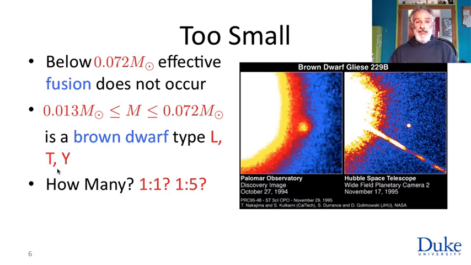People started extrapolating those surveys to imagine how many brown dwarfs there were in the Milky Way, and the going rate about a decade ago was that there was one brown dwarf for each main sequence star. So at that point, the estimate of the number of stars in the Milky Way essentially doubled, because there was going to be as many brown dwarfs previously undiscovered as there were main sequence stars.